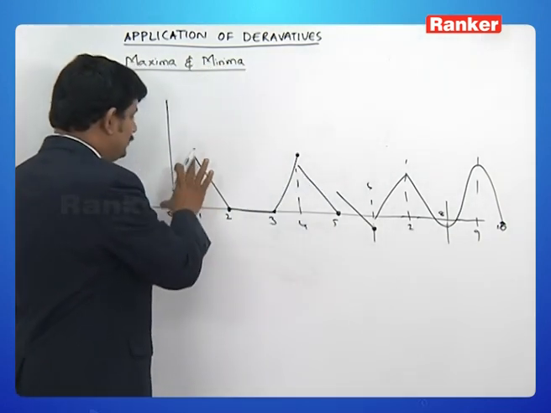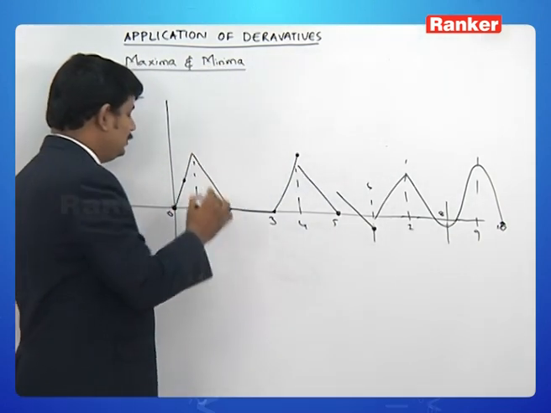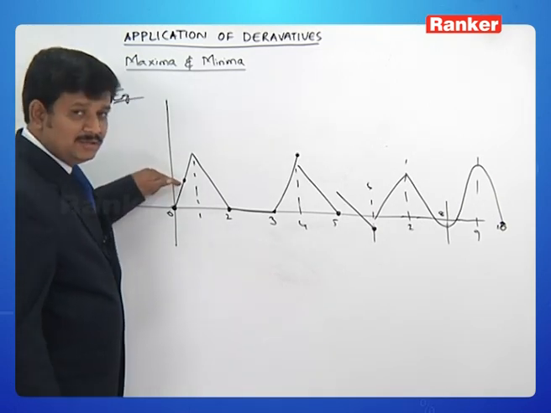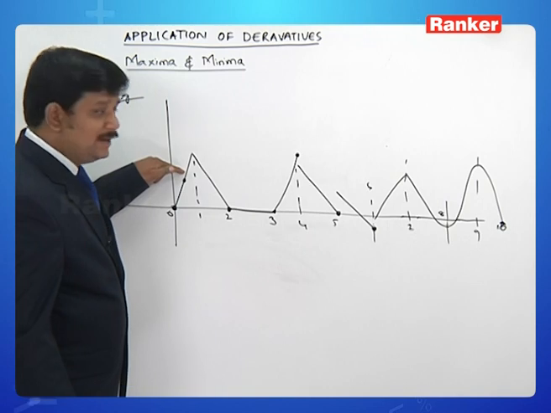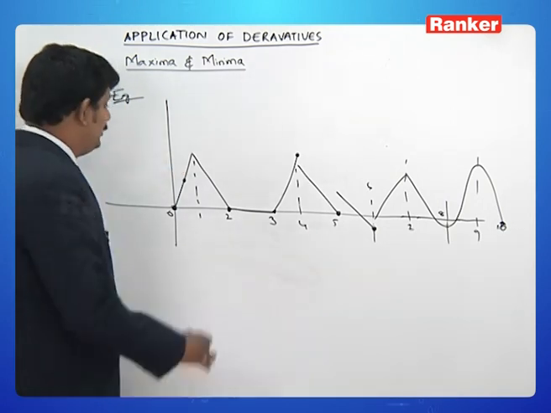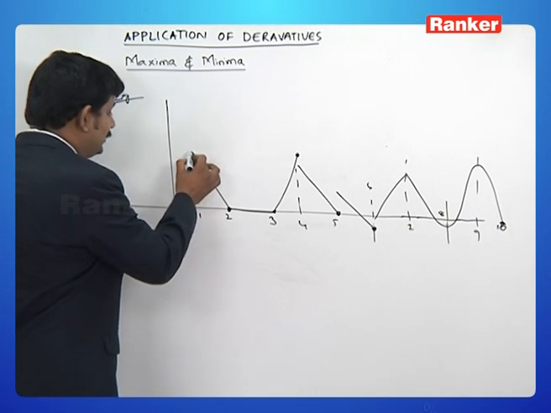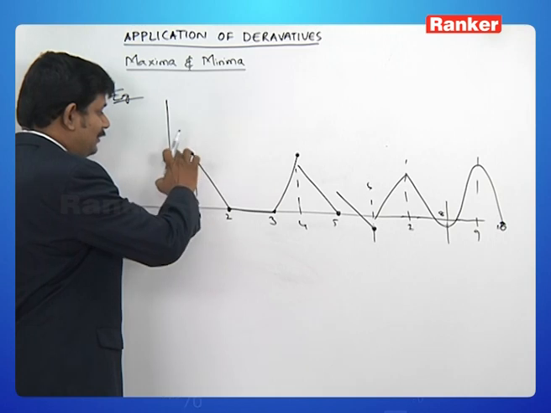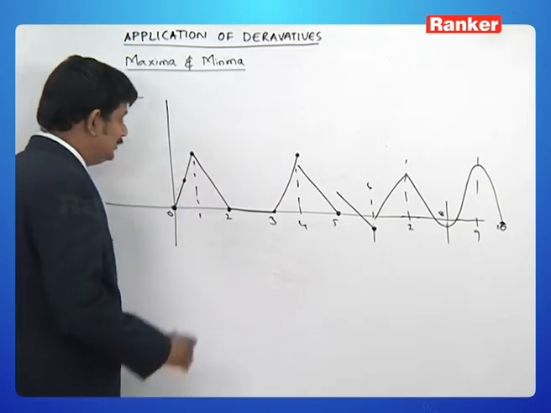No point in between 0 and 1 is qualified to be local maximum or local minimum. Values to the left are smaller than f of x naught, values to the right are more than f of x naught. So, it is neither a maxima nor a minima. If you observe this point 1, f of x naught is the y coordinate at this point at the peak.